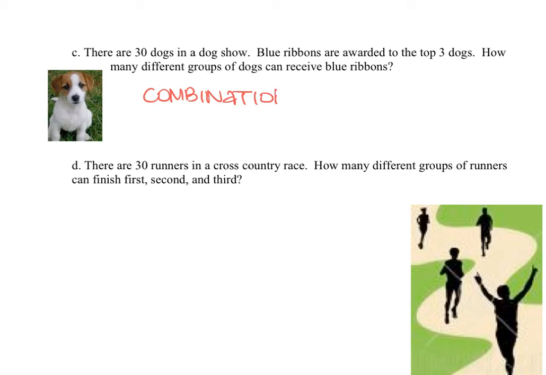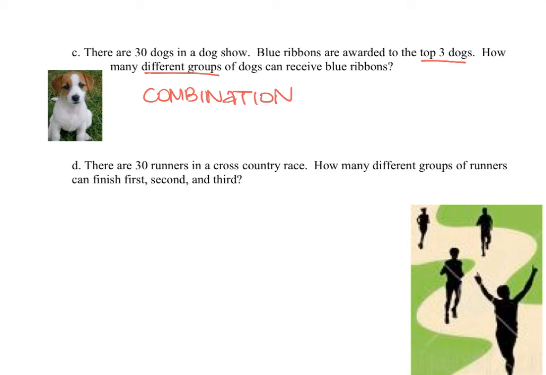And what makes this a combination is that it's asking for the top 3 dogs and you're looking at the groups of dogs. Now, if this problem had said there are 30 dogs in a dog show and blue ribbons are given to first, second, and third place, that would make it a permutation because it matters if I get first or if I get third. The order matters. But in this one, it's just giving a blue ribbon to the top 3 dogs. So it's not ranking those dogs. It's just making a group of 3.